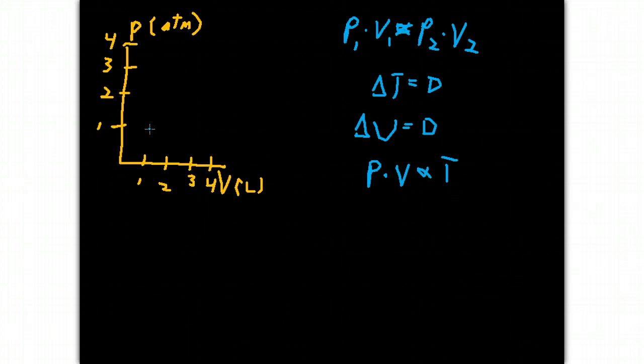So let's say that you have a pretty cold material. Well, a pretty cold material in a high volume container is actually going to have a pretty low pressure. So let's say that at a high volume of 4 liters, we have a quarter of an atmosphere of pressure.